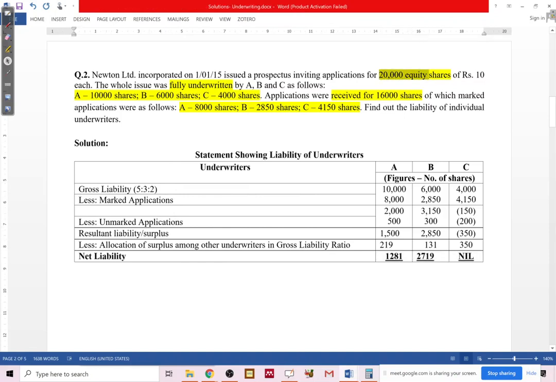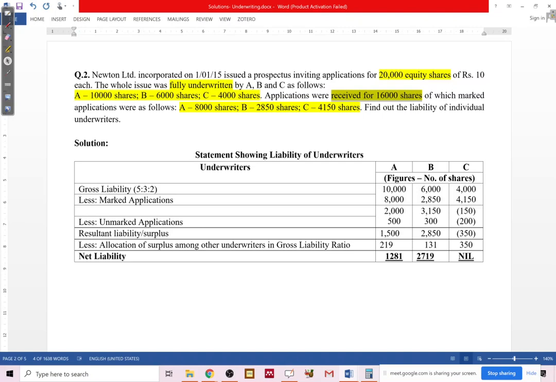Now go back and check here in your problem. How many shares did we try to sell? 20,000 equity shares. How many share applications did we receive? 16,000. Which means 4,000 remained unsubscribed. Correct? We have a case of under subscription. Now, who is going to take that remaining 4,000? It is the underwriters, right? But from our calculation, we found that C has already sold everything he could.